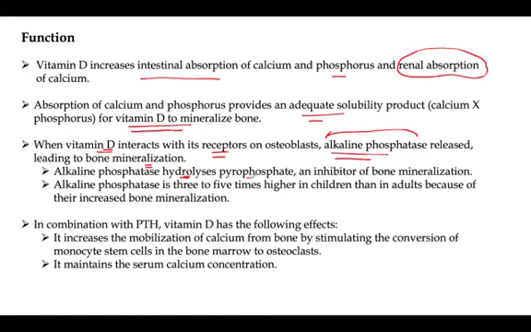Since children who are in their growing phase require increased bone mineralization, it is seen that alkaline phosphatase is 3 to 5 times higher in children than in adults.